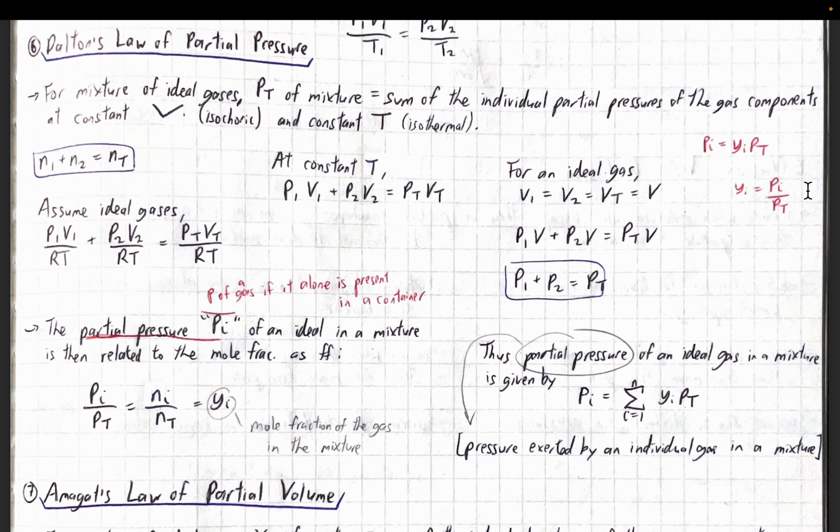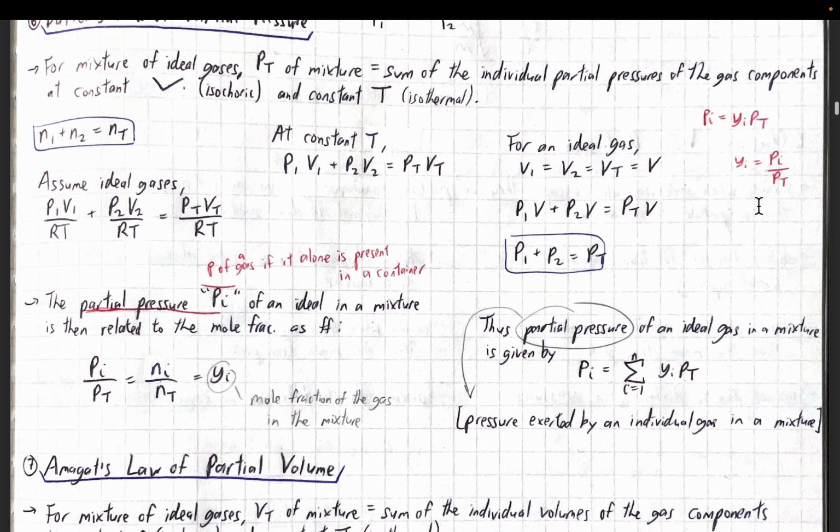The partial pressure over total pressure gives you the mole fraction. So yeah, the partial pressure of an ideal gas in a mixture is then related to the mole fraction as follows.